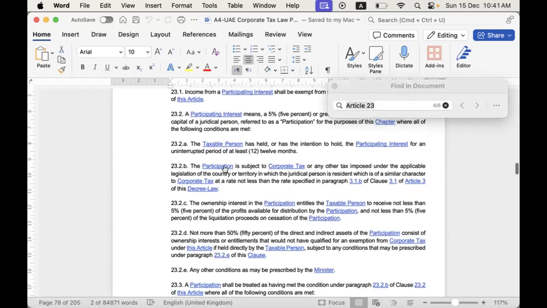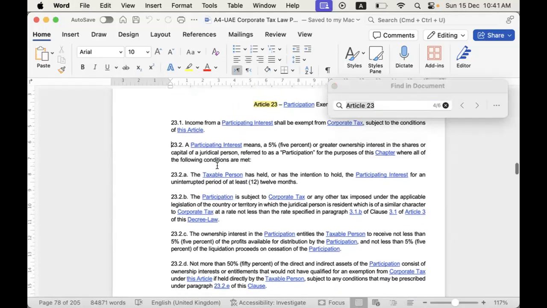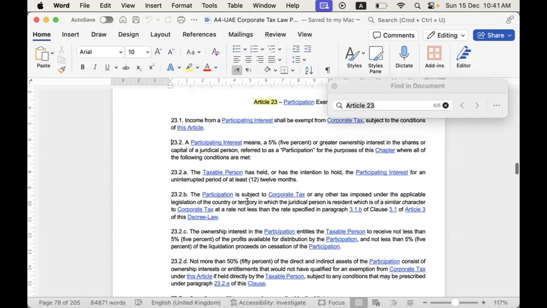Please understand that participation has been actually defined as well in the definitions, but it is a company in which a UAE company, a UAE taxpayer, invests. Participation is a foreign company in which a UAE taxpayer invests. Participating interest means 5% or more shareholding in that foreign person by a UAE person. Is this clear?